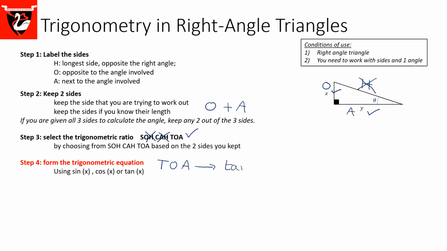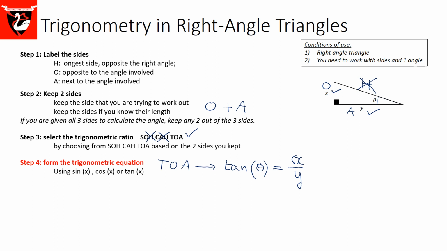So we're going to do tan of the angle from the triangle, which in this case is the Greek letter theta, equals a fraction. The numerator is going to be O, in this case x, and the denominator is going to be y, which is the adjacent side. And this is where you're going to gain your first mark.